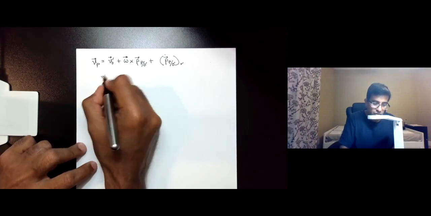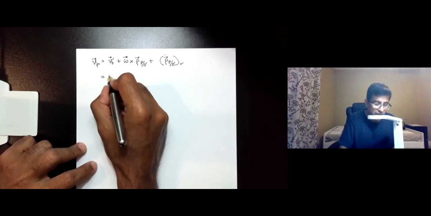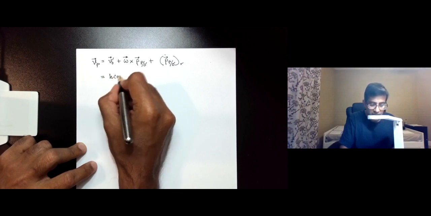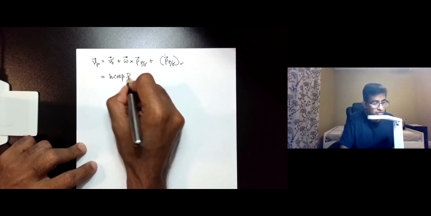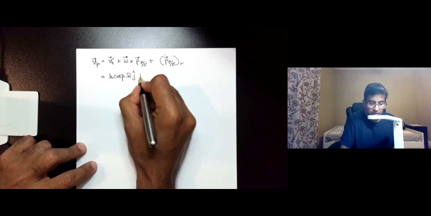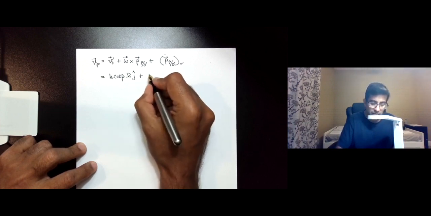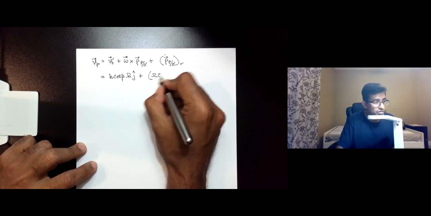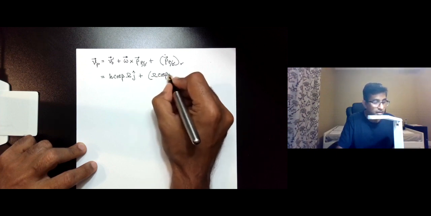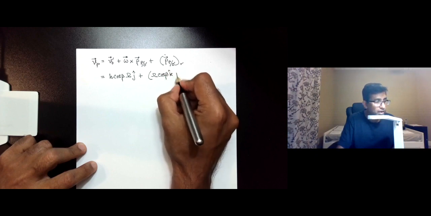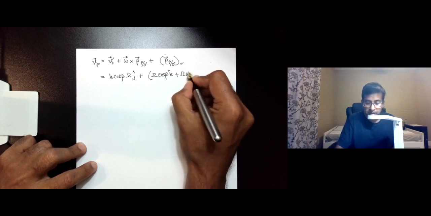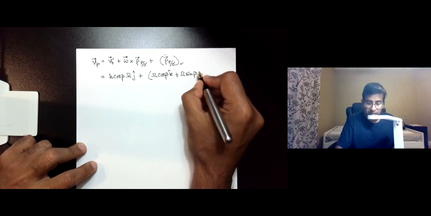Okay, so V O prime is h cosine beta times omega j plus omega is omega cosine beta k plus omega sine beta I.